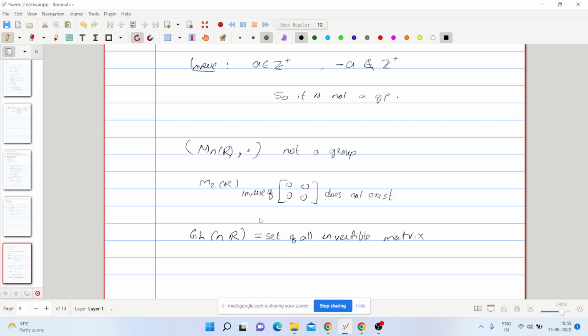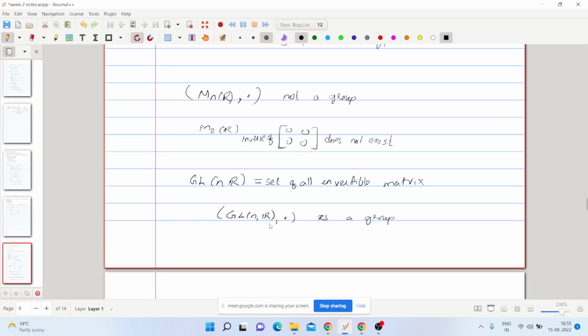So the inverse condition is satisfied, the identity matrix exists, associativity of matrices is satisfied, and the closure property is also satisfied. So GLN of R under multiplication is a group. We are just taking a subset of Mn of R so that it is a group. Is this okay now?